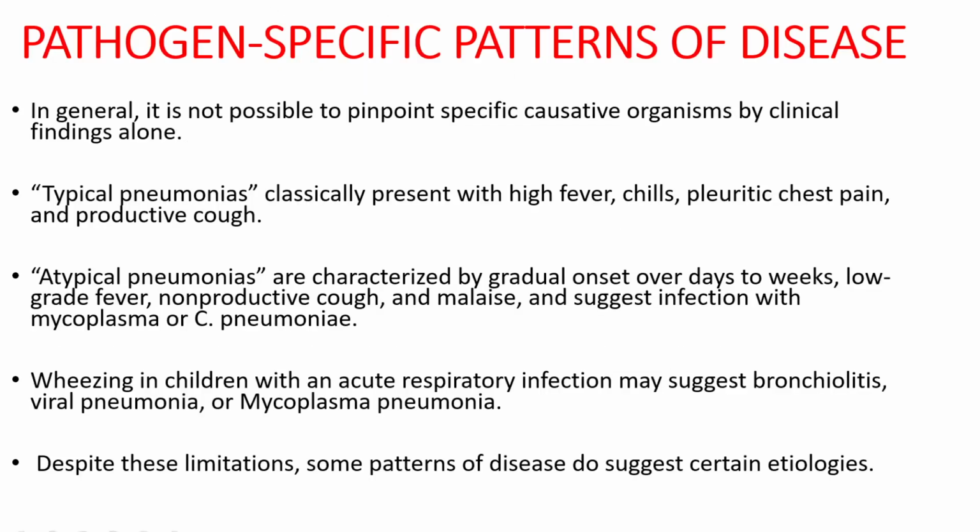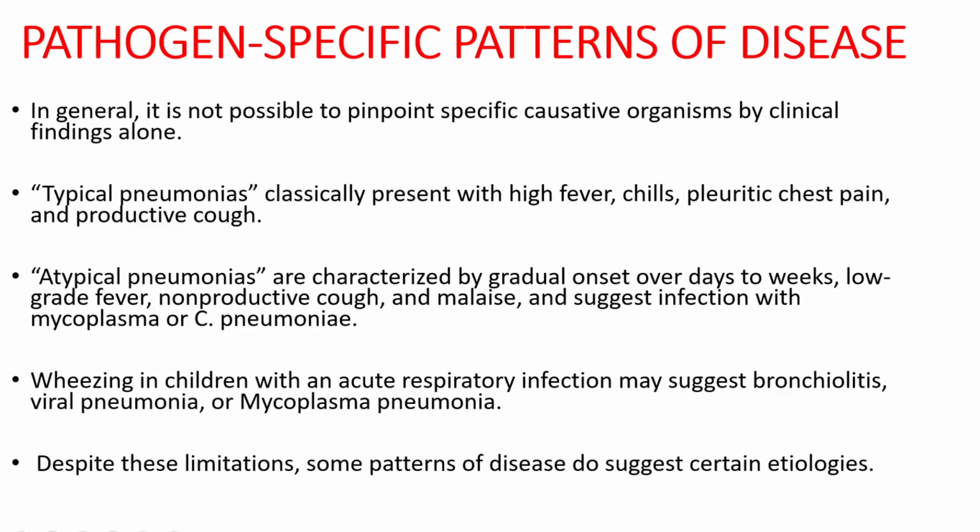In the case of pathogen specific patterns, in general it is not possible to pinpoint a specific causative organism by clinical findings alone. What we mean by typical is that patients present with high fever, chills, pleuritic chest pain, and productive cough.